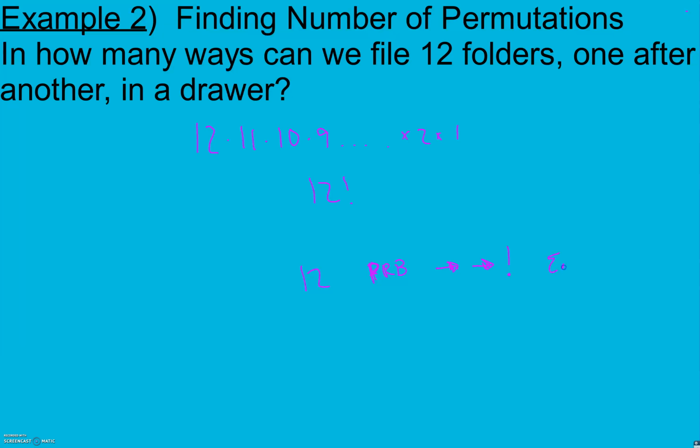Then press enter. And enter again. We should get 479,001,600. So if we have 12 folders, there are 479 million ways we can order those.